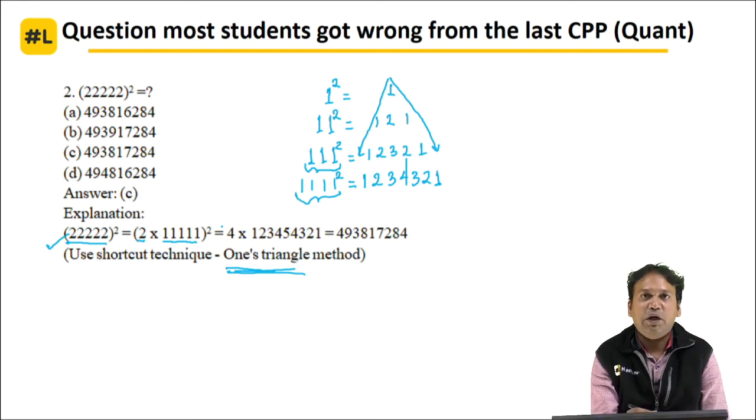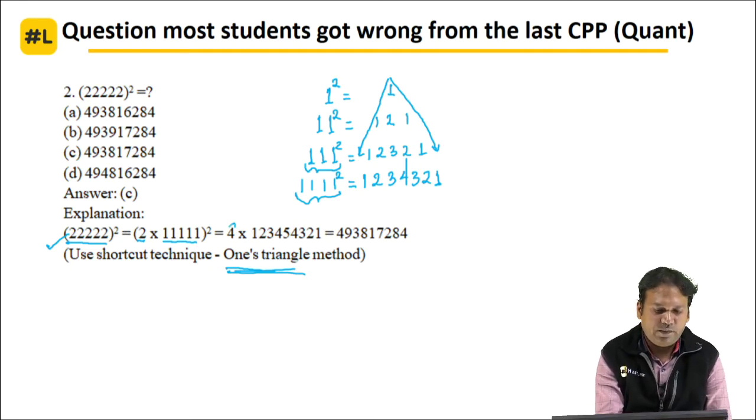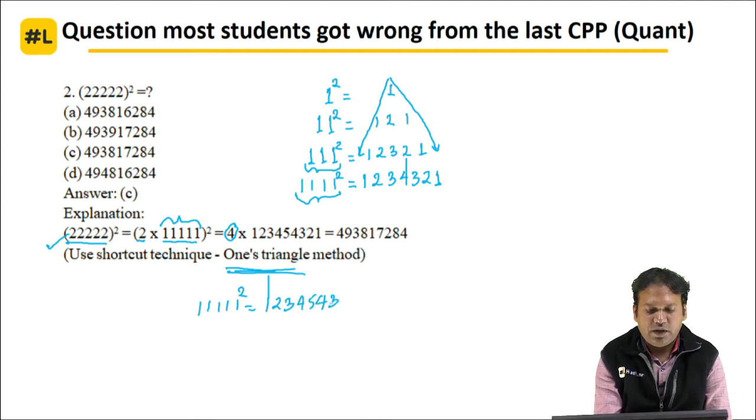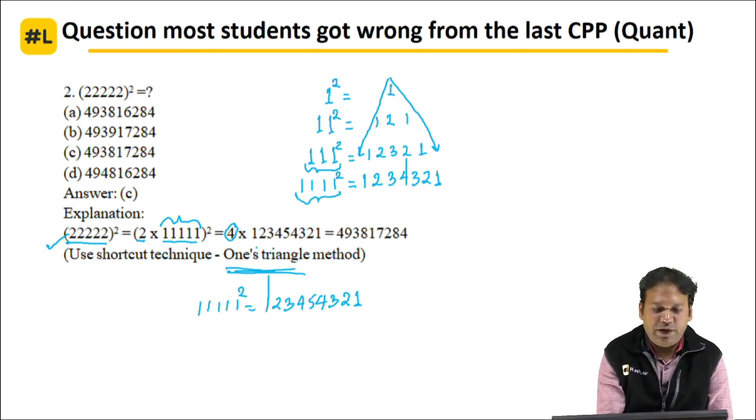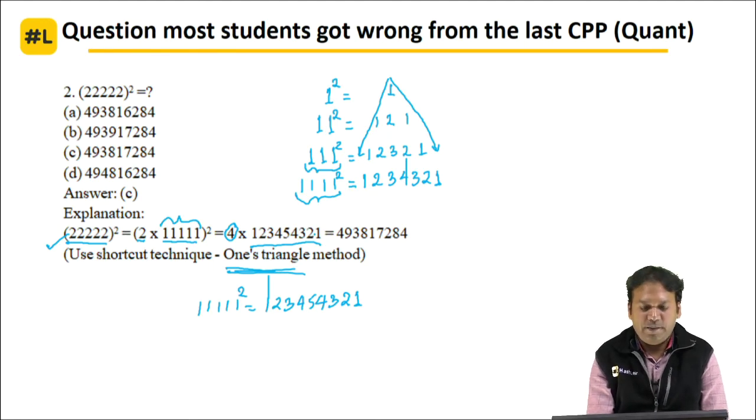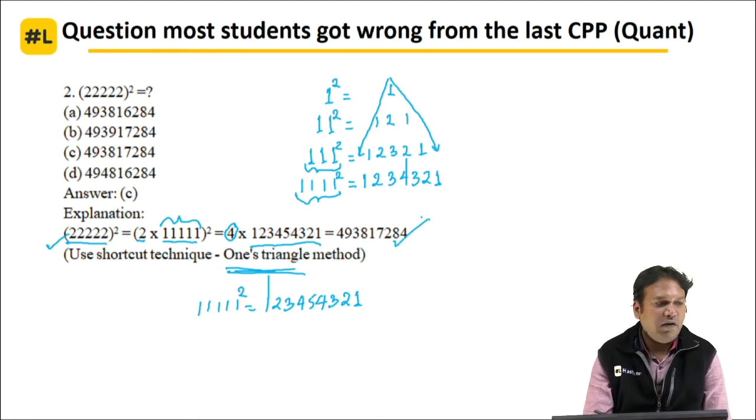When you open the bracket, 2 square becomes 4, and the square of 11111 is 123454321. So you multiply 4 into 123454321, and that gives us the answer.